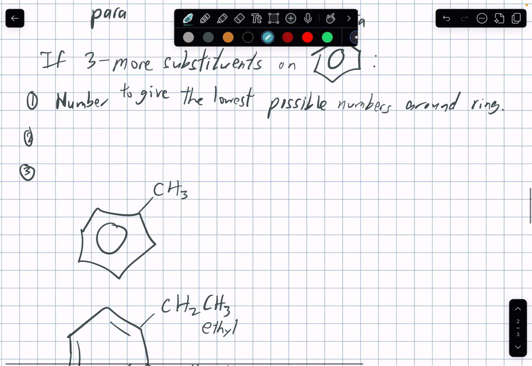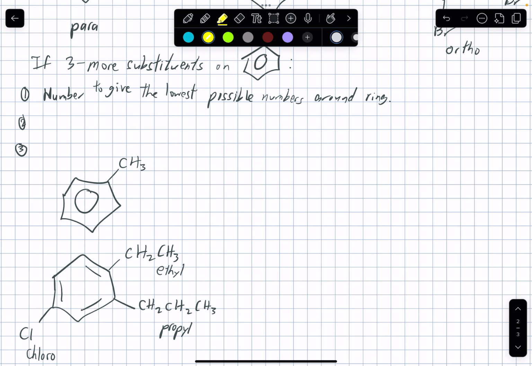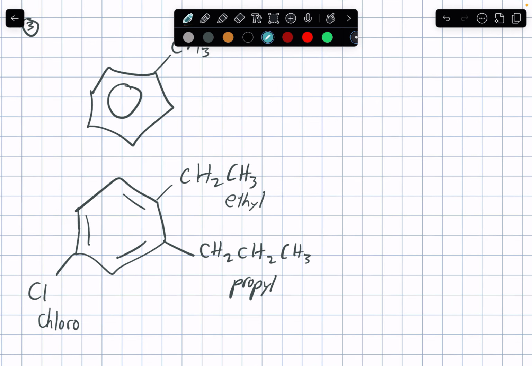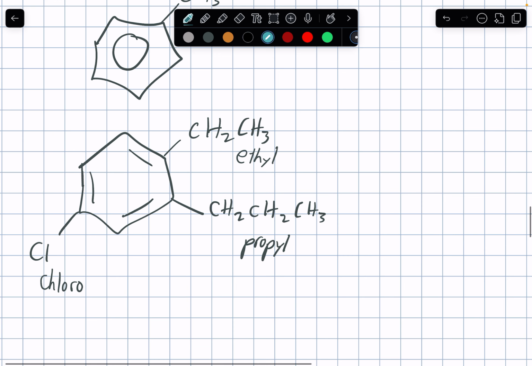So again, the most important rule that I wrote earlier. It's the reason why I wrote it. I could just say it, but just for emphasis, no. You want the number such that you are giving the lowest possible numbers around the ring. How do we apply that here? Let's say we start, we name 1 here, 2, 3, 4.